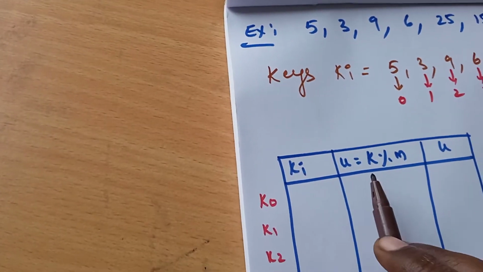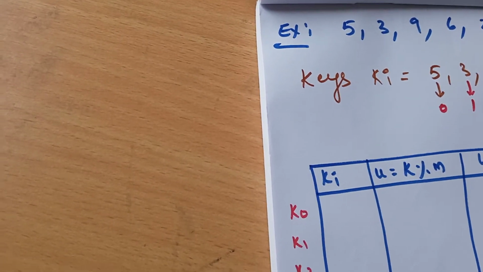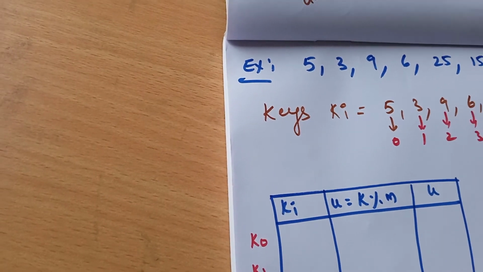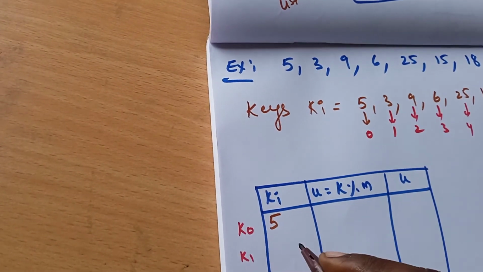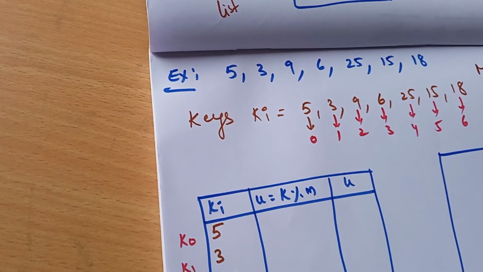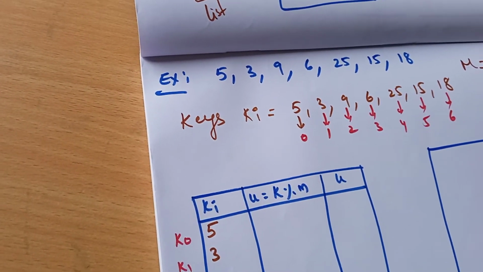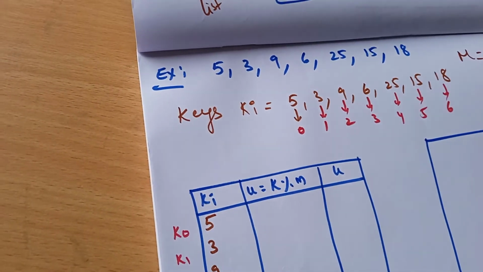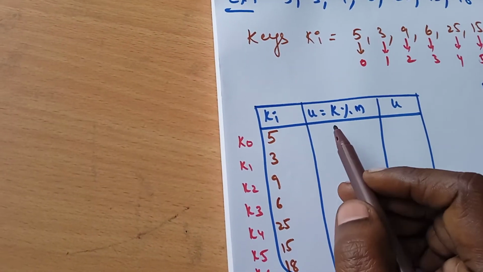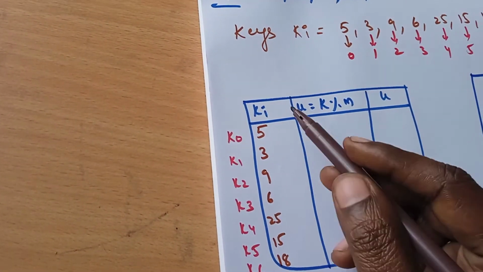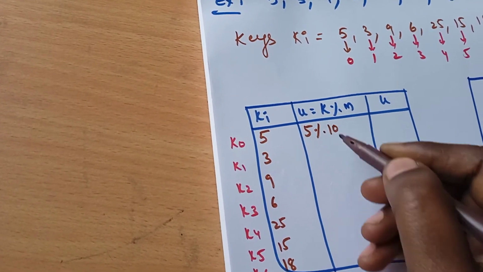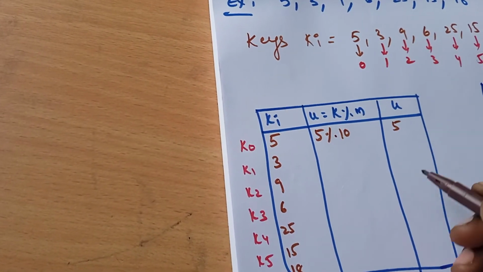Okay. Now implement the hash function. Now what are my keys? The first key is 5 and next inputs 3, 9, 6, 25, 15, 18. These are my keys. Now apply the division method over these keys. Now k mod m, that is 5 mod 10, answer is 5.